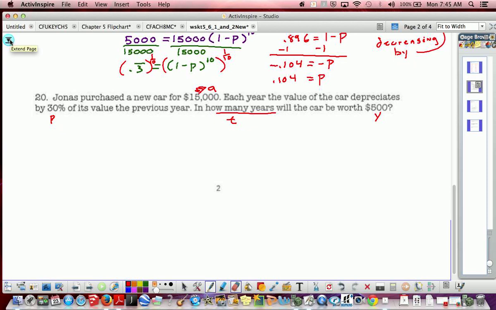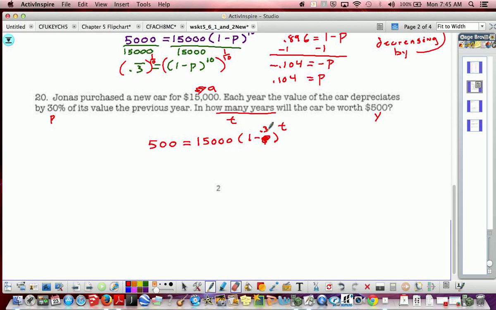So, to set up this equation, we'll have 500 equals 15,000 times (1 minus P) to the T power. So now to solve, whoops, I apologize because we know what P is. So I'm going to just cross this out right here and put 0.3.